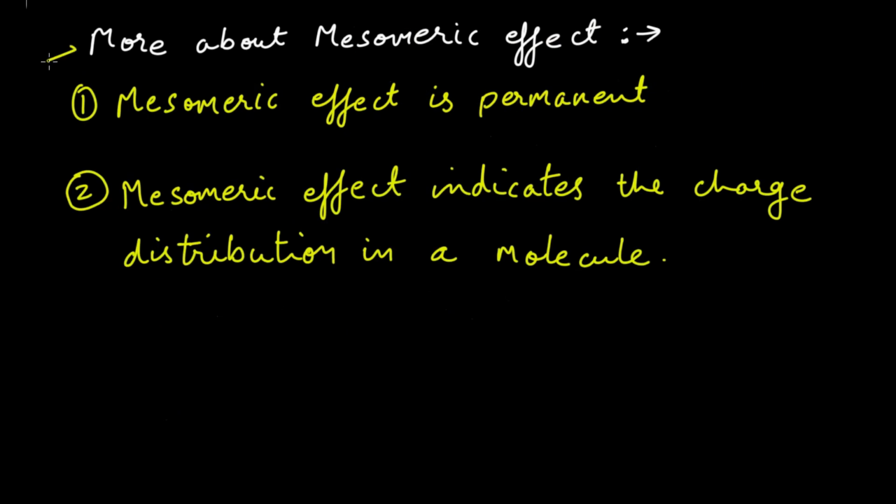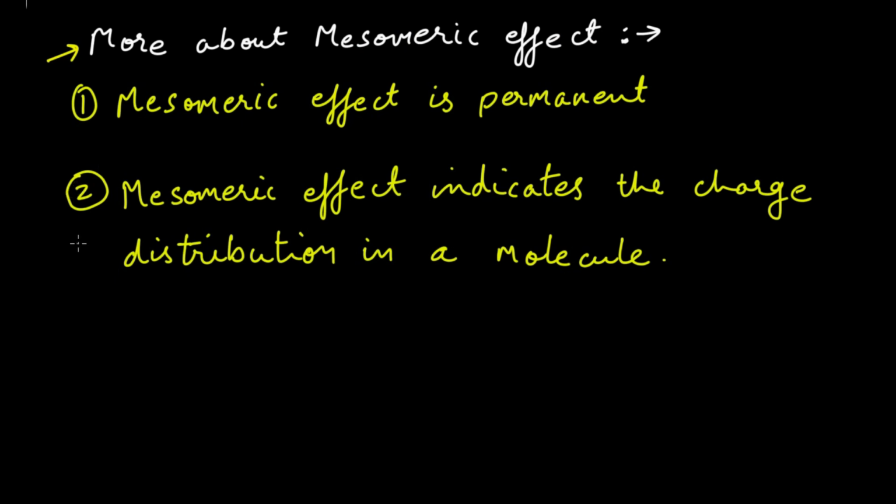Last but not least, more to know about mesomeric effect. So first thing is mesomeric effect is permanent. Mesomeric effect will be there until and unless there is some outside force that will change the consequences. Positive and negative charge will be there. They will change again and again due to resonance, but they will be there because of mesomeric effect.